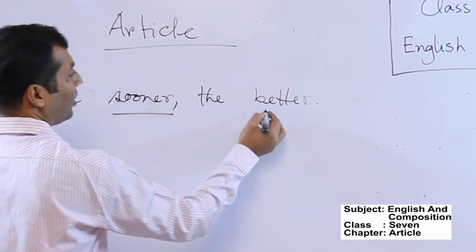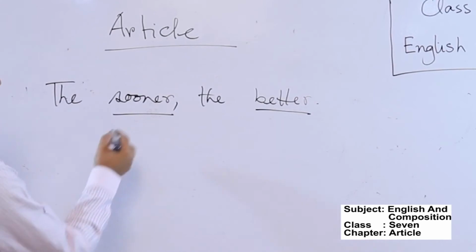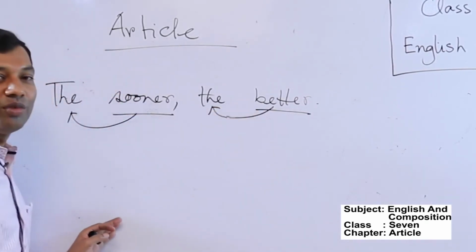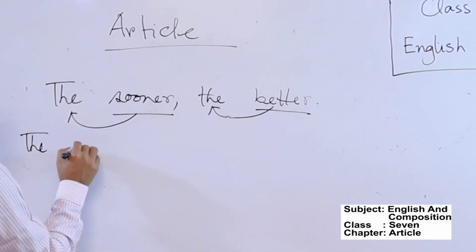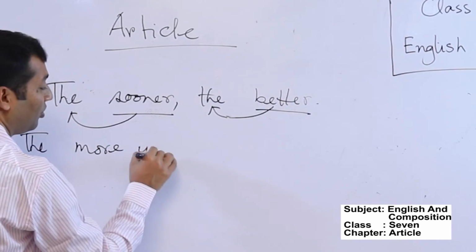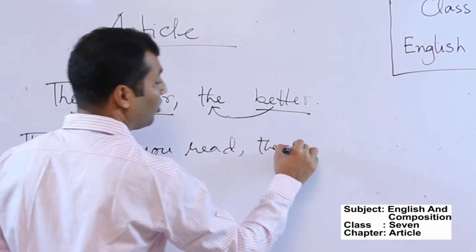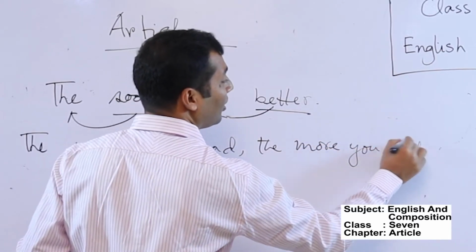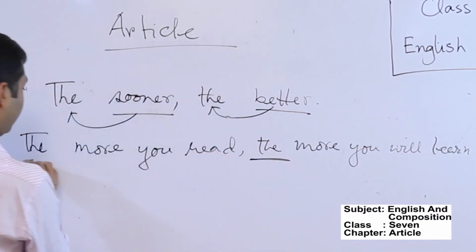Basically, the comparative form doesn't take any article, but if it is used comparatively in a sentence, it must take the article "the" before it. You know, there is a common proverb: the more you read, the more you will learn.